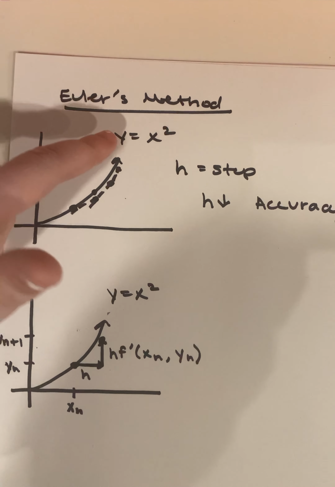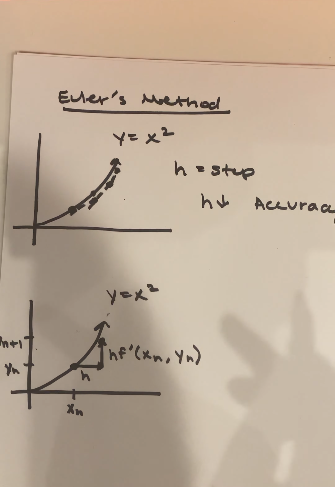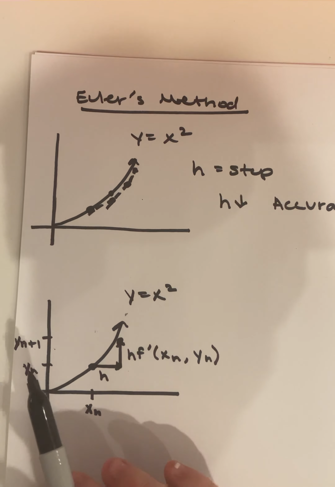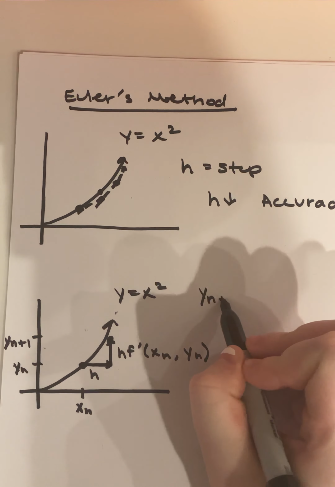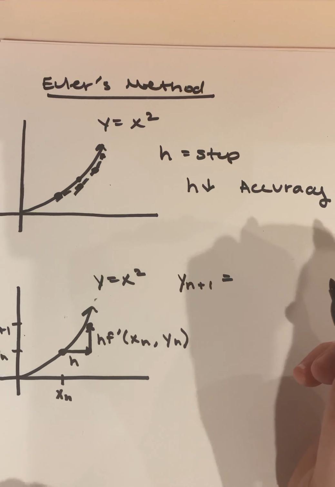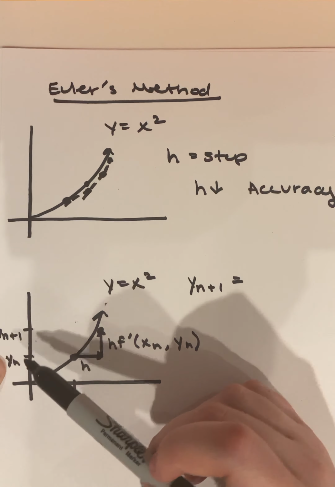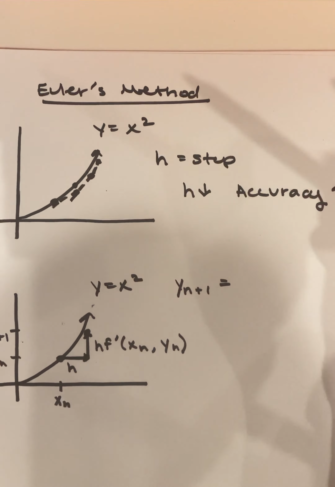Just like when you're doing Euler's method for y equals x squared, if you wanted to find y sub n plus 1, the equation for that is going to be y sub n plus 1. And in order to get to this point, you need y sub n in your equation, because that's your starting point, that's your base, that's where you're going to go up every single time.